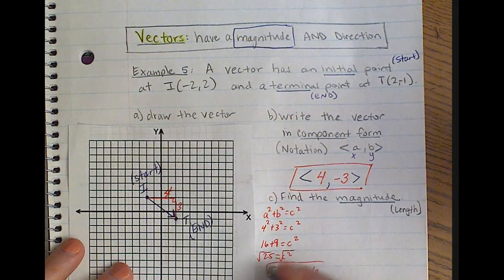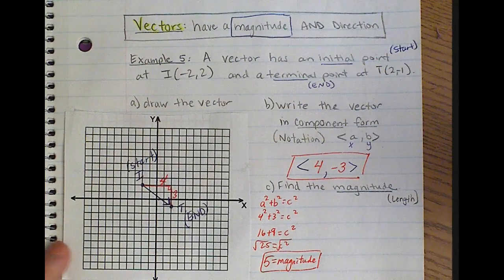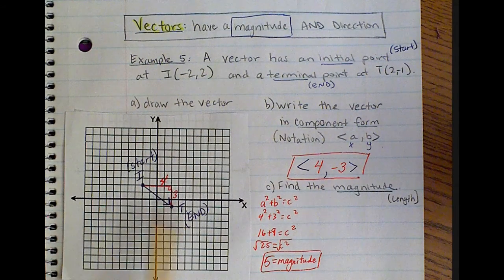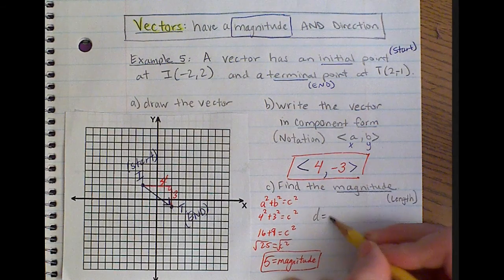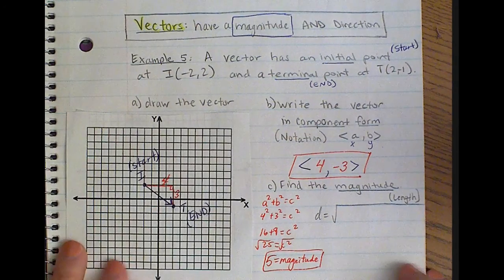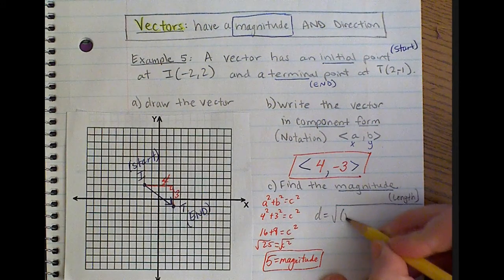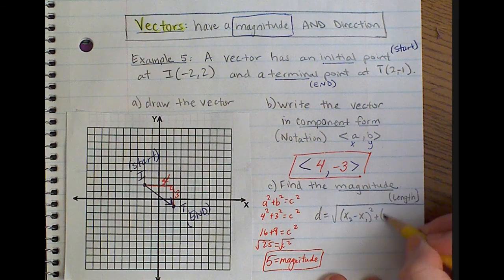That's one method. If that did not pop into your head, if you did not think about the Pythagorean theorem, you didn't even see that little right triangle, you could always do the distance formula. So the distance formula, just to rack your brain, x2 minus x1 squared plus y2 minus y1 squared.